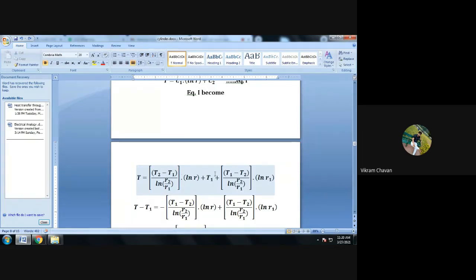Now here you can see that the C1 term is in the form T2 minus T1, whereas the C2 term has the temperature difference T1 minus T2.